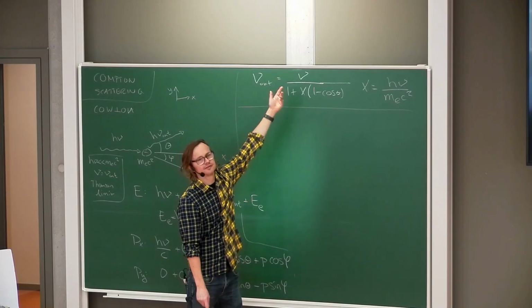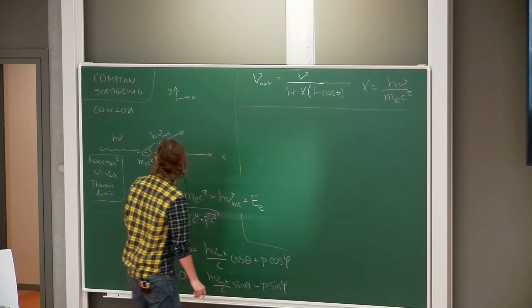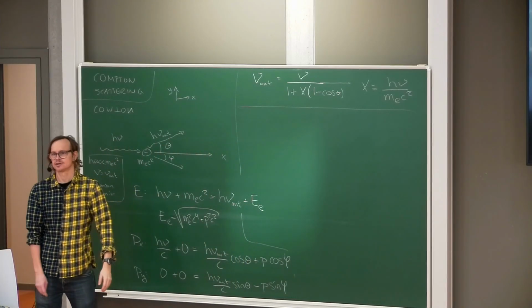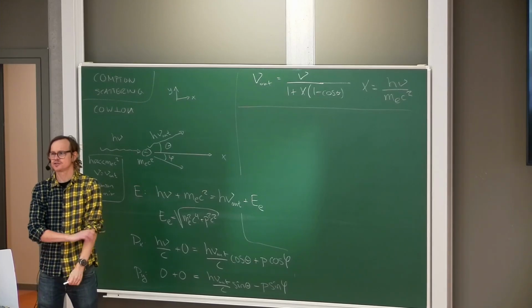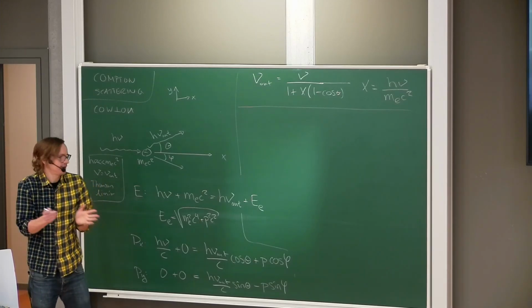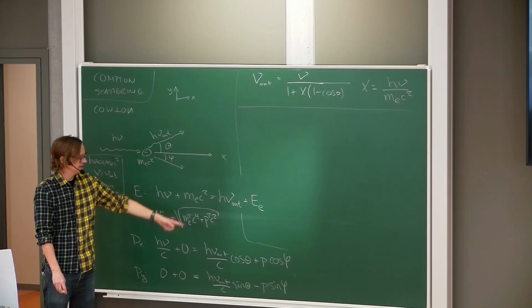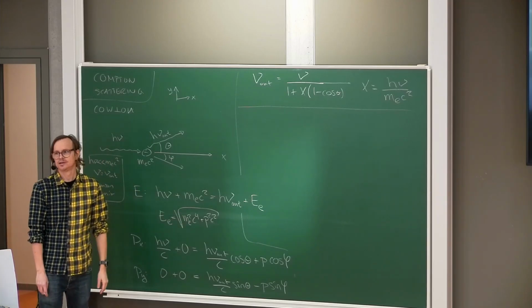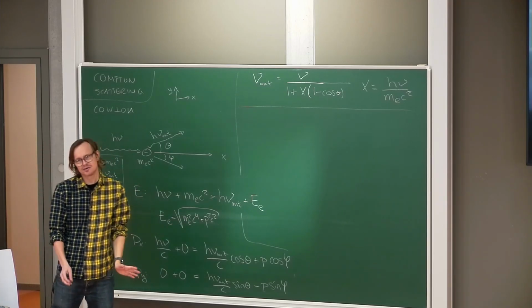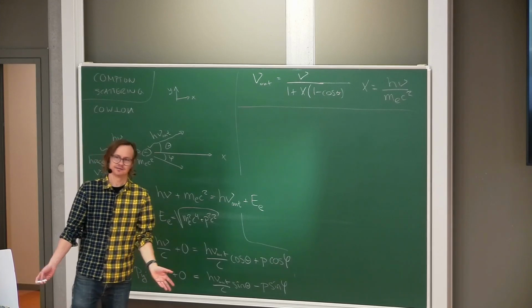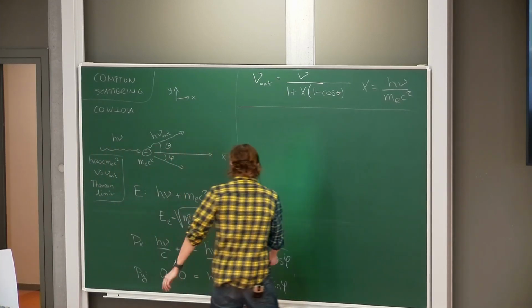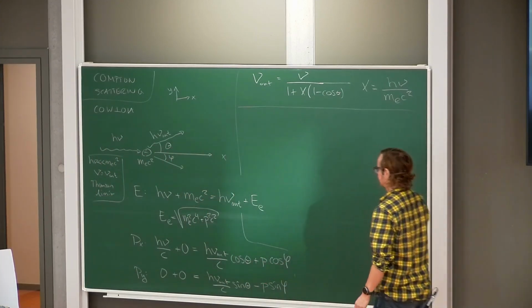It doesn't involve the phi angles, so it doesn't involve the scattering angles of the electrons. So that's our first clue: what we need to do in order to get to this from these conservation laws is get rid of those. Well, they involve the cos and sine, so it's probably a good thing to square them, right? So we're going to square this and we're going to square this.